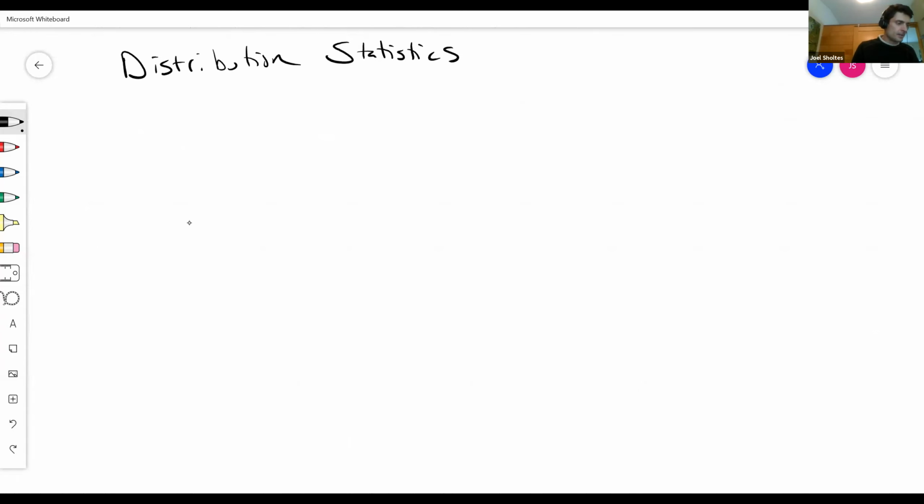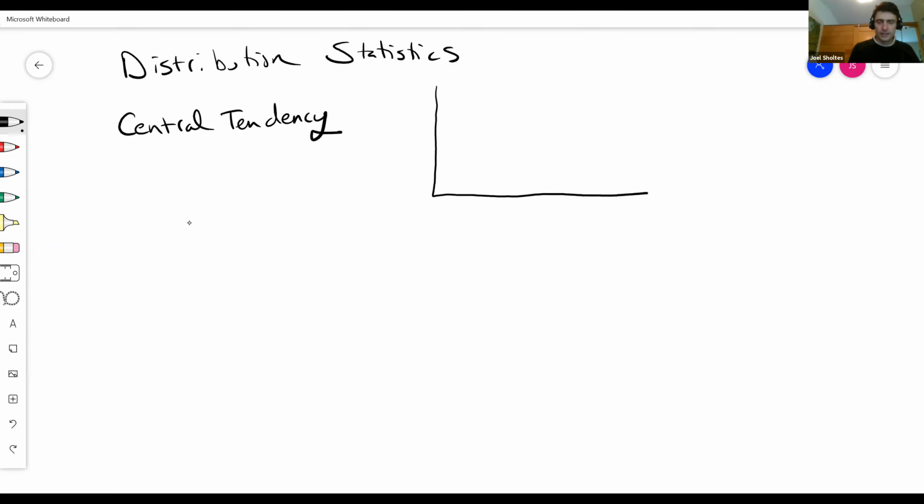The first one we'll talk about is the central tendency. There's a couple ways we can describe the central tendency of a distribution. I'll draw a smooth curve here, a kind of log normal distribution.